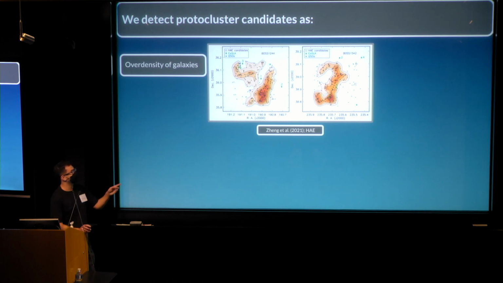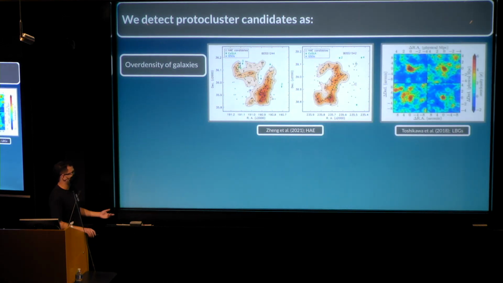In this case, they trace protoclusters using H-alpha emitters: basically with a broad band and a narrow band, you select the galaxies that present an excess in H-alpha. So it's pretty efficient to select the galaxies that are at those redshifts, and we can see that we have some candidates by searching for overdensities of this type of galaxies.